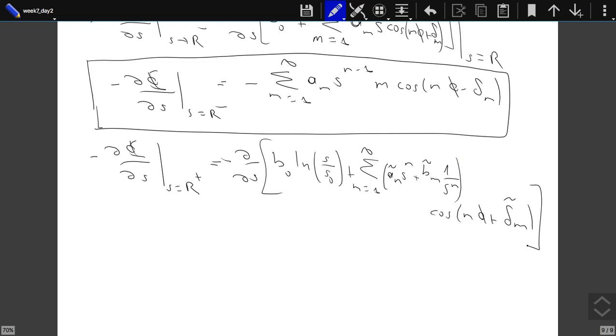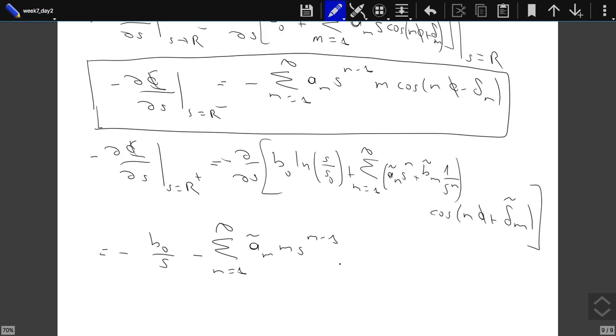Which will be equal to minus del over minus B0 over S and minus sum over m from 1 to infinity of a m tilde m S to the power m minus 1.